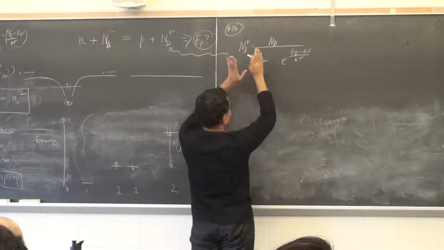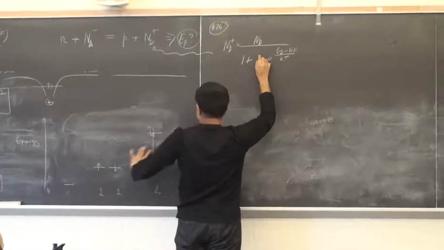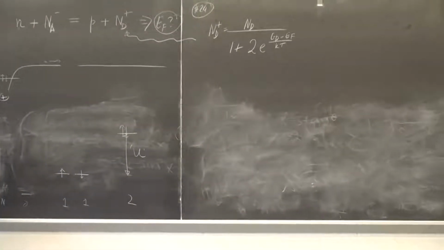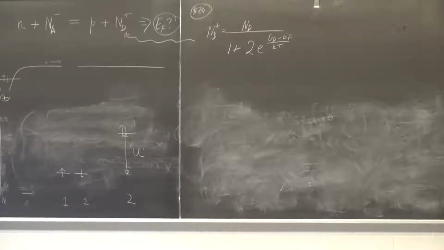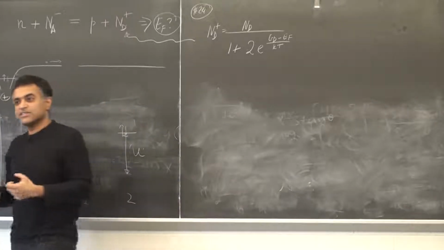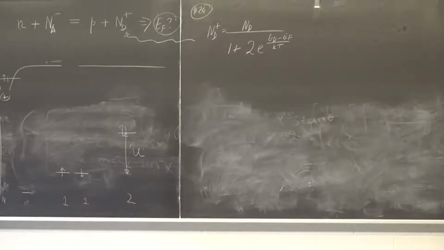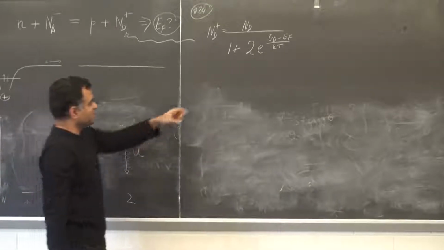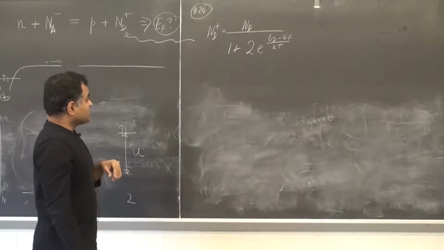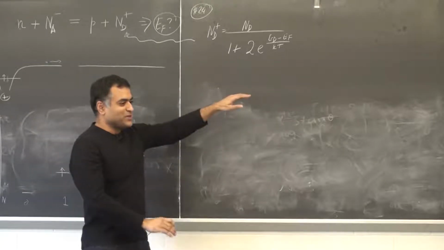But this would be like a normal Fermi-Dirac distribution, but because of this many particle physics, you get a 2 here. This is very interesting. It's not a Fermi-Dirac distribution. A Fermi-Dirac distribution assumes non-interacting particles. But the moment you have many particle physics, you have these sort of strange things come in, and there's a 2. So for this course, it is always 2.